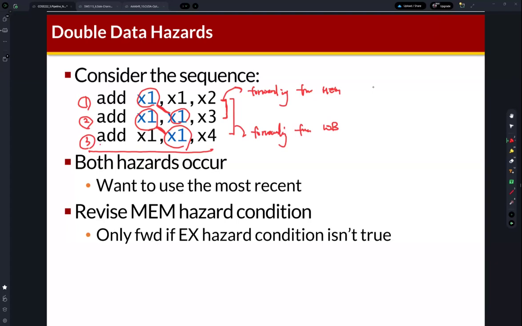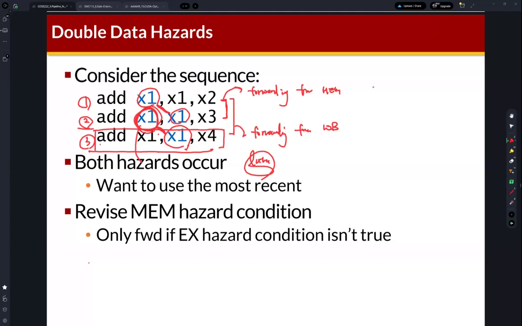Then what do we need to select for this add instruction? Obviously, this add instruction needs to receive data from the second add, because this x1 is the latest value. So the following instruction needs to receive the latest value, obviously, right?